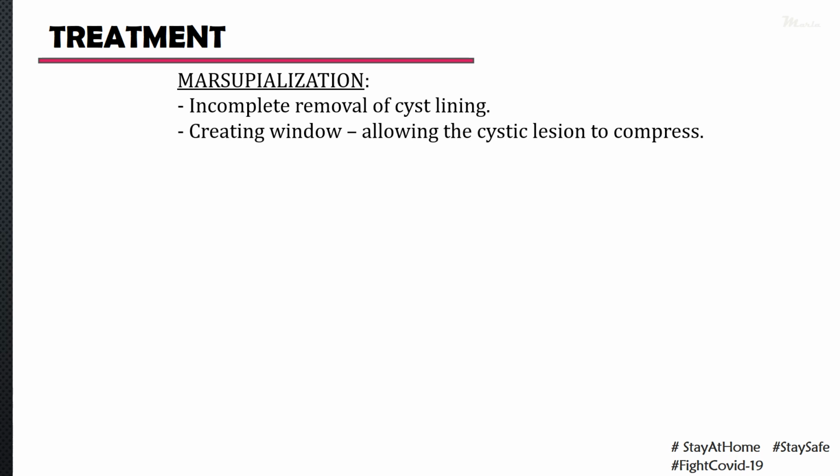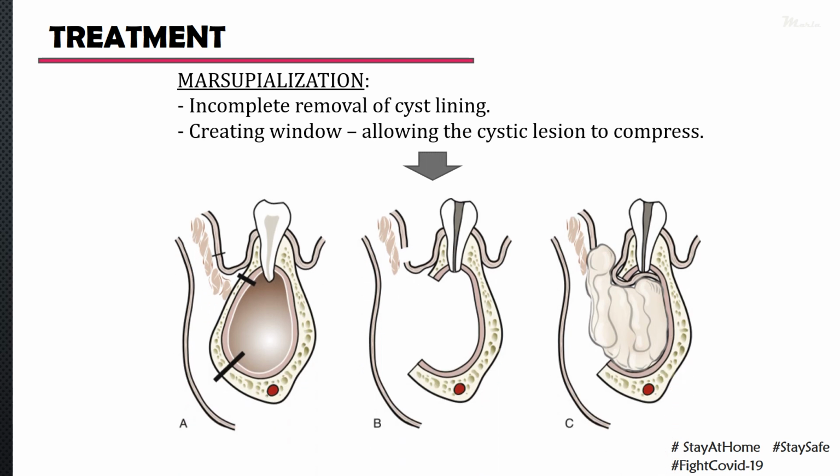Marsupialization is another technique for treatment of cyst. Marsupialization basically involves incomplete removal of a cyst lining. Whenever a cyst is large it is not possible to remove the entire cyst in toto. The resulting bony defect may be prone to a pathological fracture or infection at a later stage.